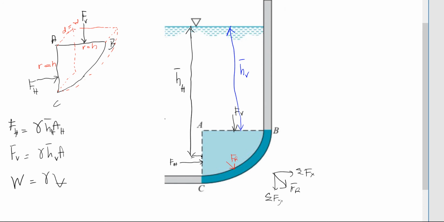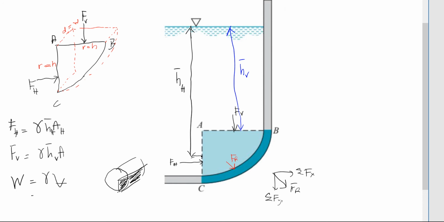So for this particular diagram, the volume of the fluid enclosed by the curved surface is of what shape? This is a quarter cylinder, this part only.